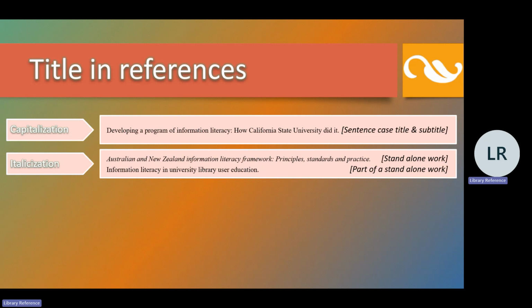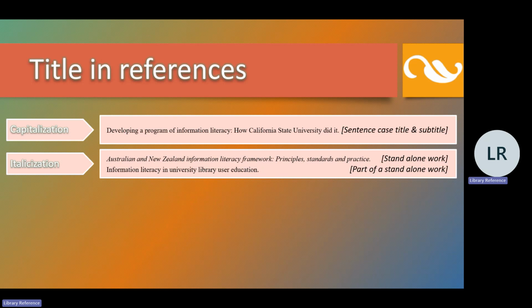All of these are considered to be standalone works. If we are citing a work which is part of a standalone work, like for instance, a chapter within a book, in that case, the title of the chapter will not be in italics.